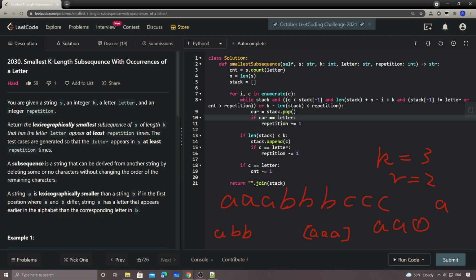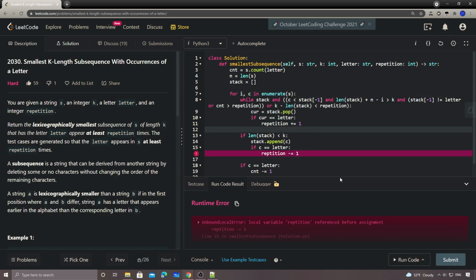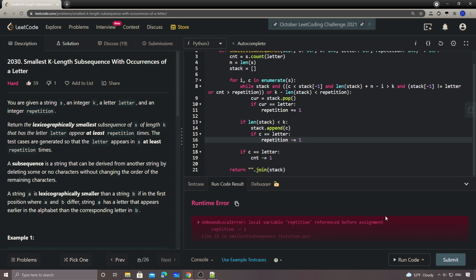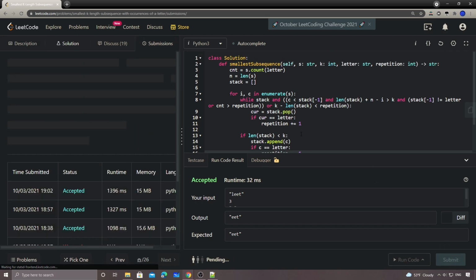We pop the thing even though the current B is greater than A. So I think this should work. Yeah, so if I just run the code, okay, yep.